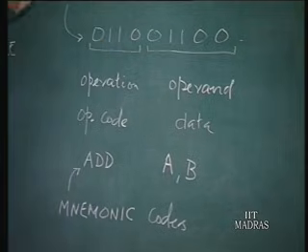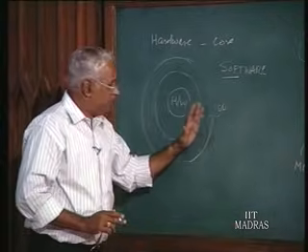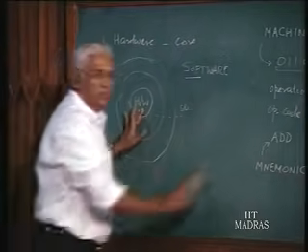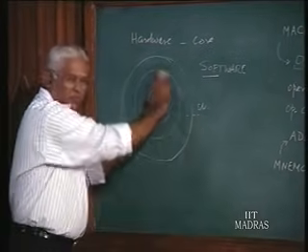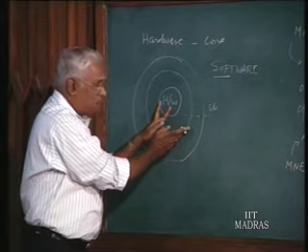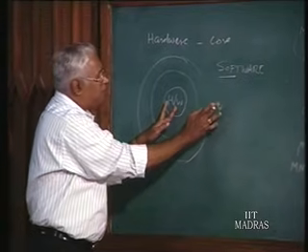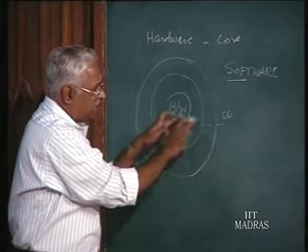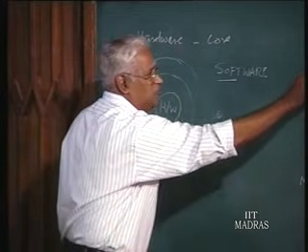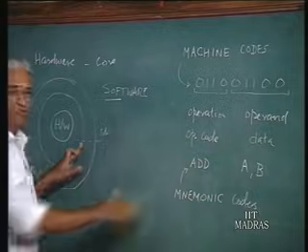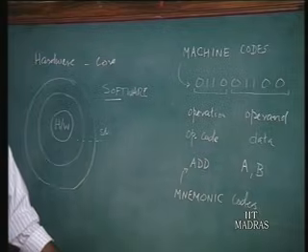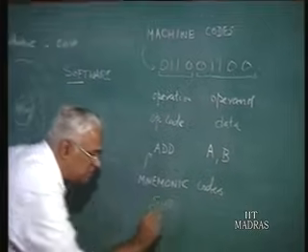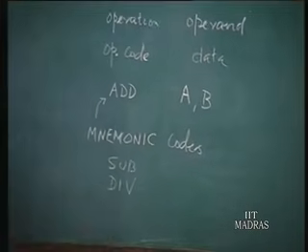Which means we have gone one layer away from the heart. Instead of a string of 0 1 1 0, we have to have some layer which helps the software developer or the user to remember, and when he comes out, he does not have to remember 0 1 1 0, it is enough if he knows it is add. And add for addition, sub for subtraction, and div for division, and so on and so forth.